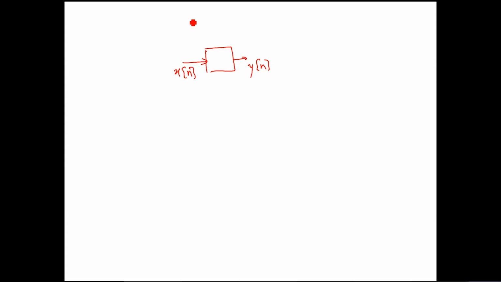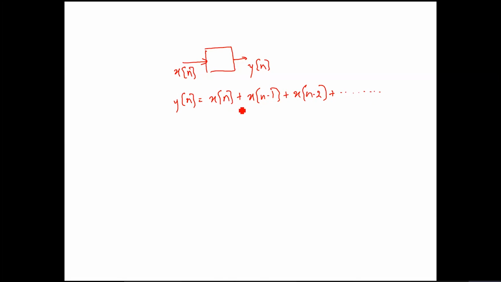For an accumulator system, the output y of n is the accumulation, or sum, of all inputs till that present time. It's a very common system that you computer engineers especially will come across a lot.